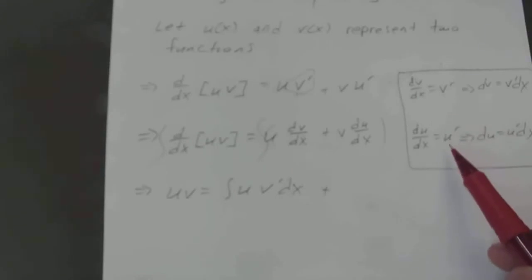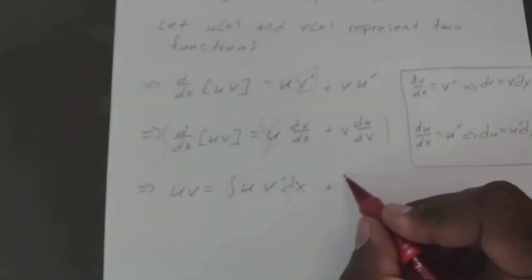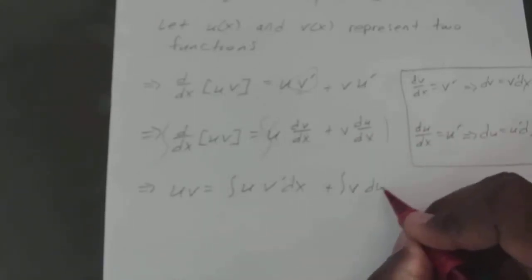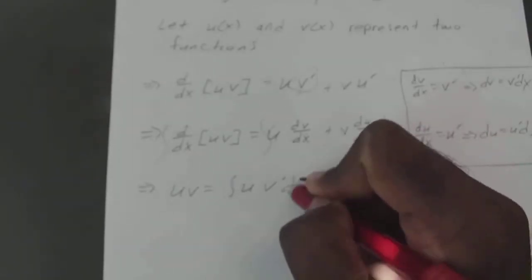Okay, so now here we have your, remember that's u prime, which you already know that's your du dx. That should be dv. Yep, that was dx.